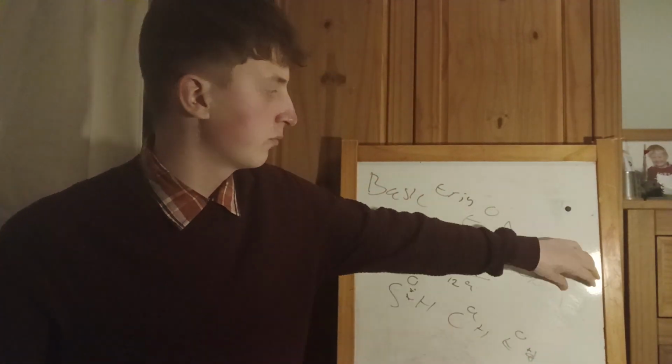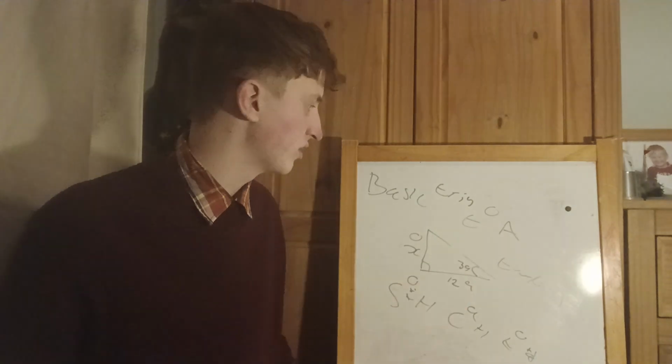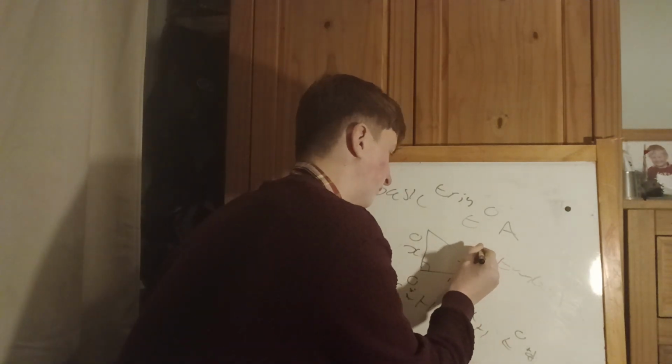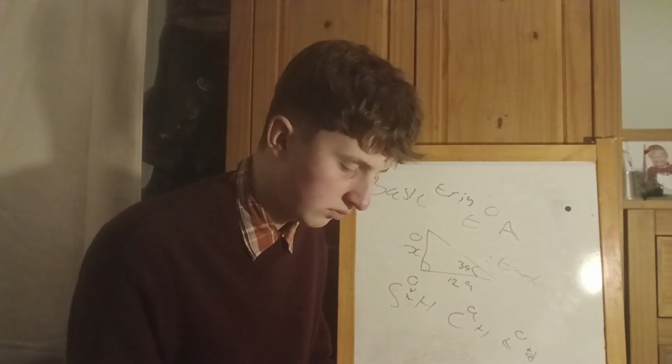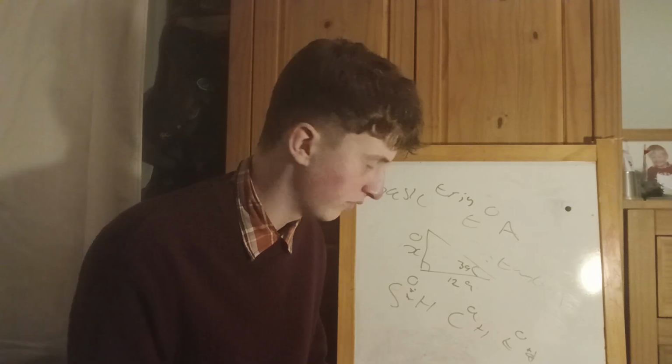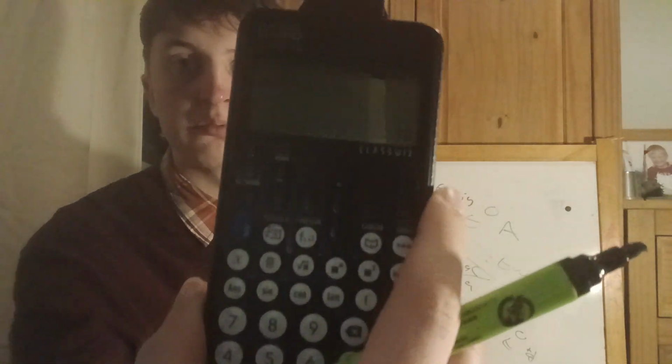In this instance, 9.7 is on the top, so we do 9.7 divided by tan 39. And if we put this into our calculator, it spits out a number of 12 to be exact. Here's the proof.